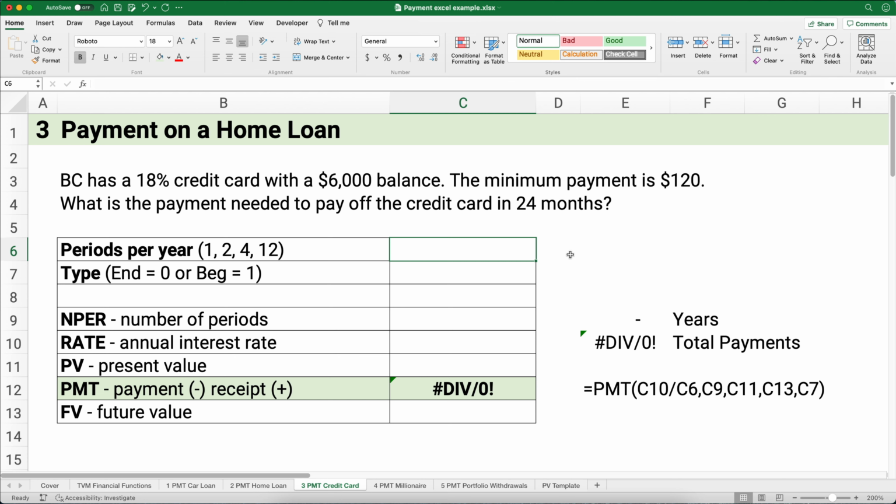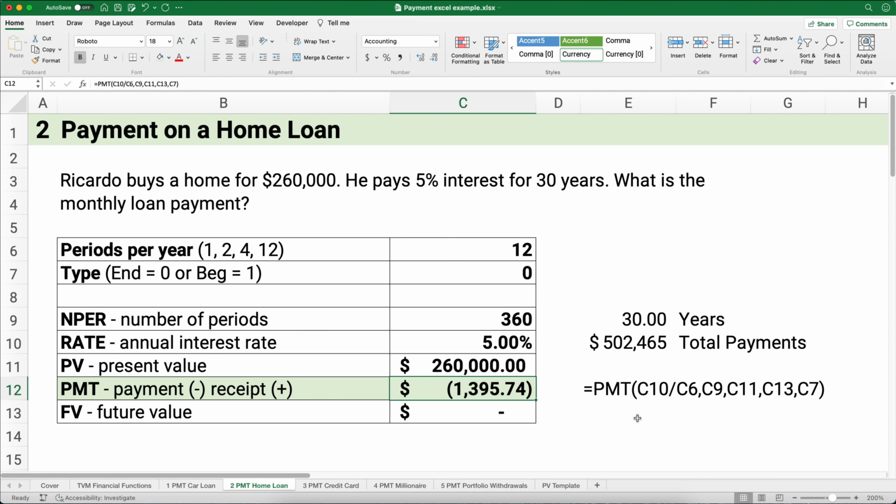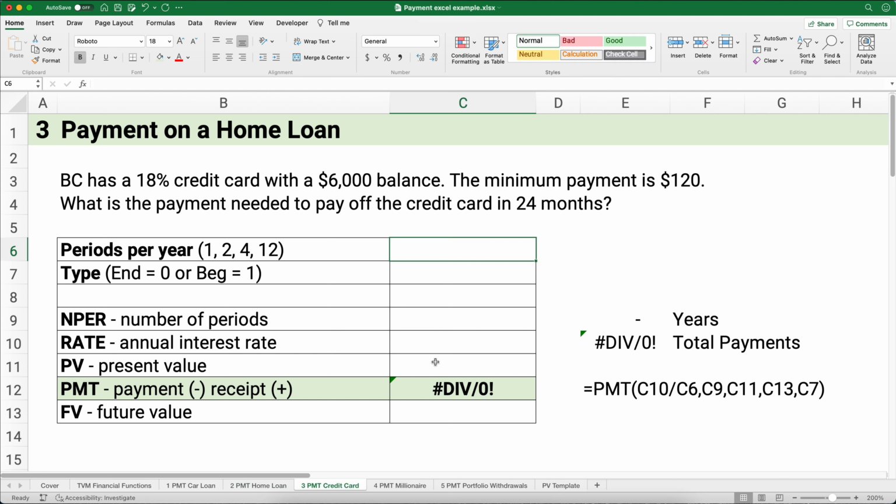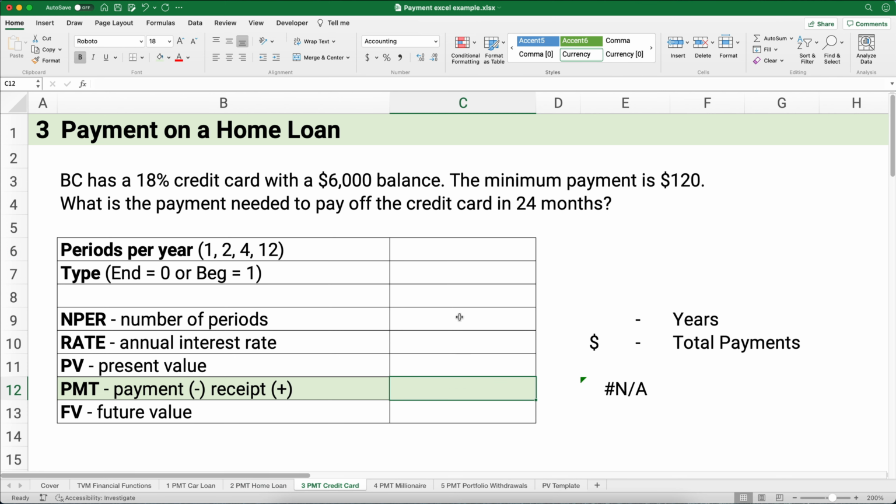So we can calculate the payment. Now, I've done the payment here just like before. You'll see it's the same problem. If I switch tabs, it's the same problem. So I'll show you how to do it. But let's get started with this. Periods per year is 12. The payments happen at the end of the period. That's a 0.